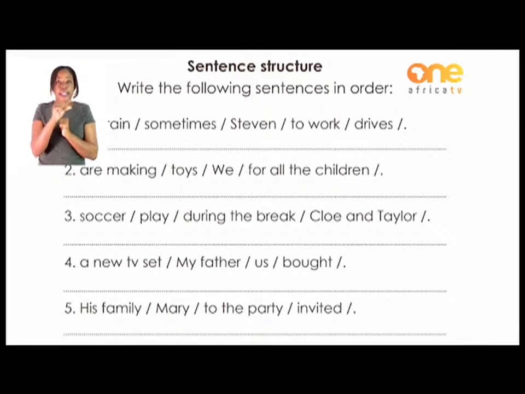Now you have to write the following sentences in order. They are jumbled or they are cut, and you have to put it nicely in one sentence on the line which is provided. And remember the rule also, when you are rejumbling the sentences, you have to first look for a word that has a capital letter in it.